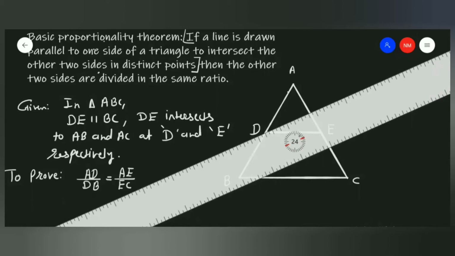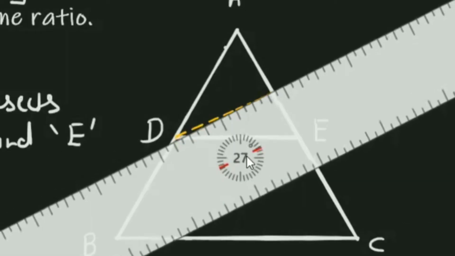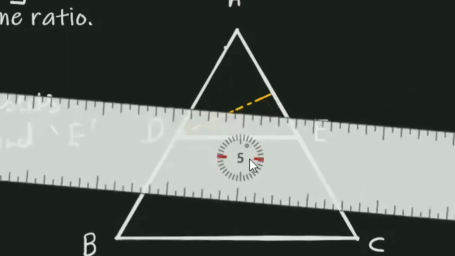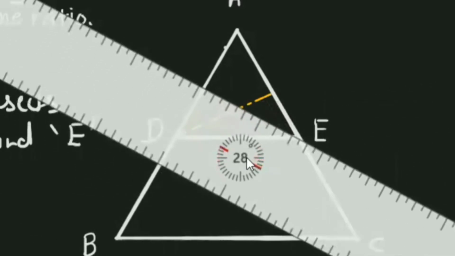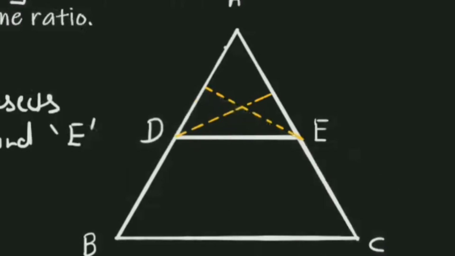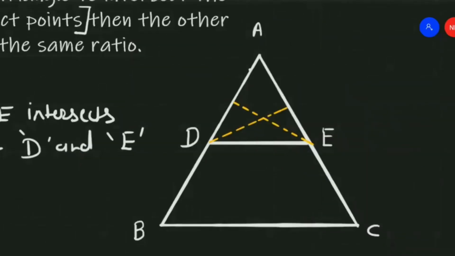One altitude we are going to draw on base AC, and the other altitude on base AB. Since these are altitudes, let's mark the perpendicular sign.